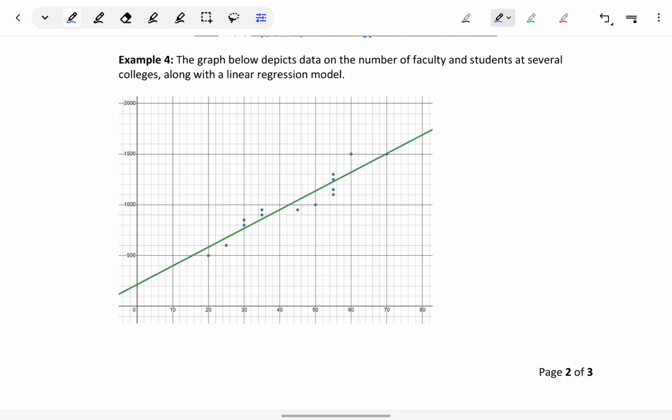In the first example, where we're looking at faculty and students, the slope of that linear equation was 18.4574, which obviously is greater than 0. The correlation coefficient, once we learn how to calculate that, would come out to be 0.9462, which is very close to 1 and would indicate a strong positive association.